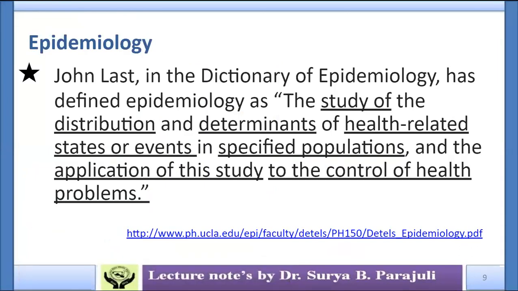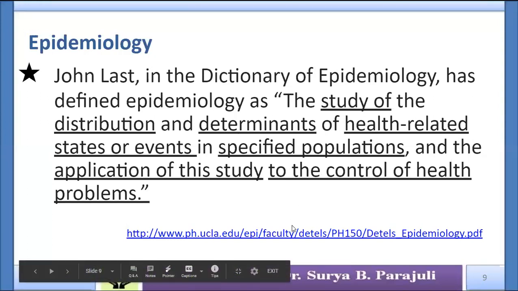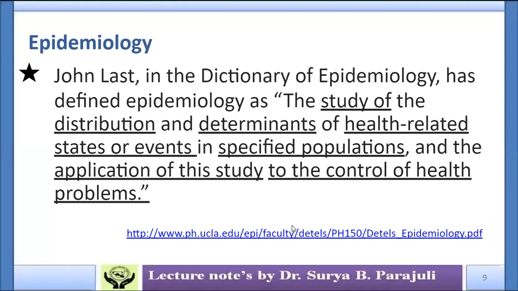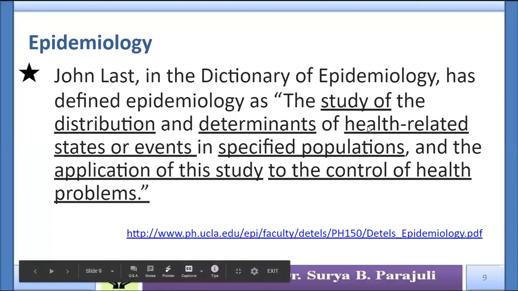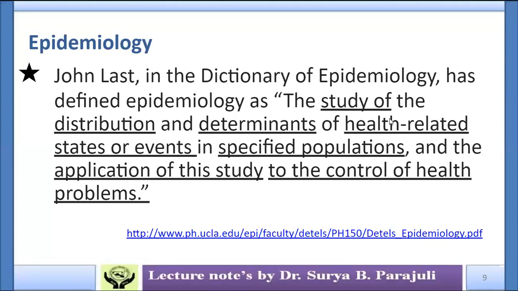So what is epidemiology then? Epidemiology, the gentleman describes epidemiology in his dictionary of epidemiology as the study. Okay, just before starting this class, I asked you for a class test. Actually, this is a study to know your knowledge on current COVID-19. So I did a study among you to understand your level of knowledge.